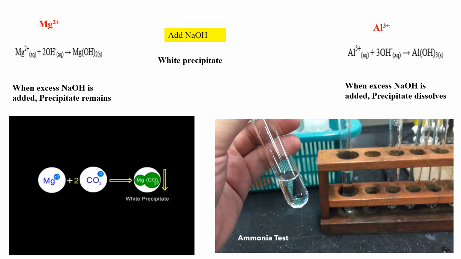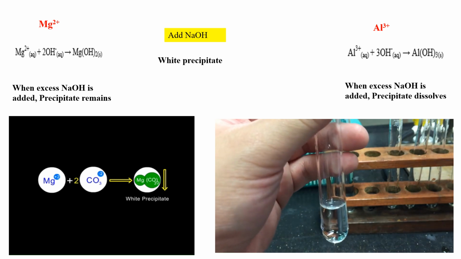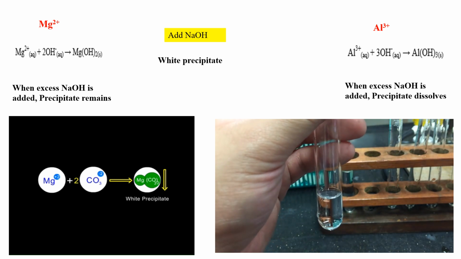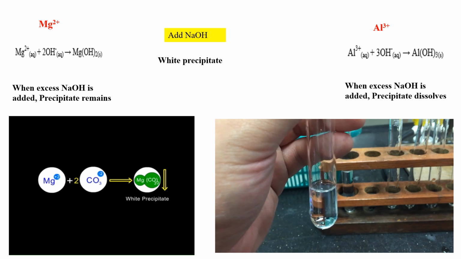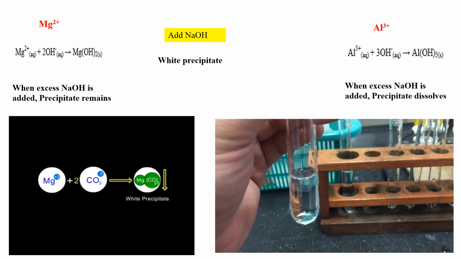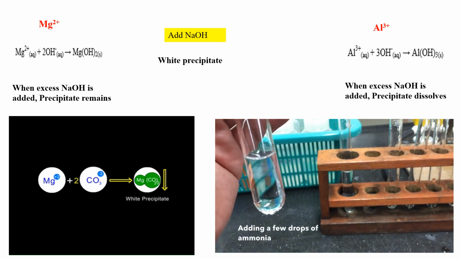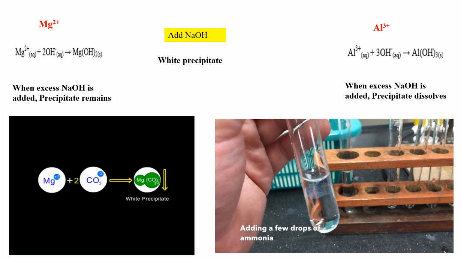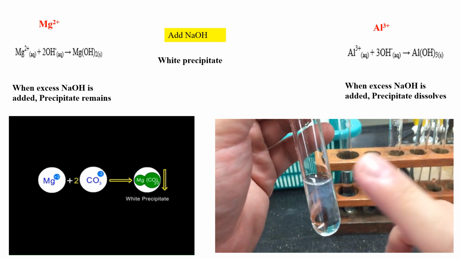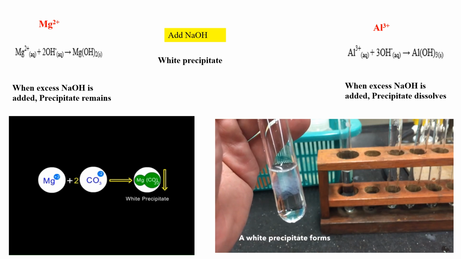We may also use the ammonia test. To a small sample of the solution, add a few drops of ammonia solution. Notice how a white precipitate forms.